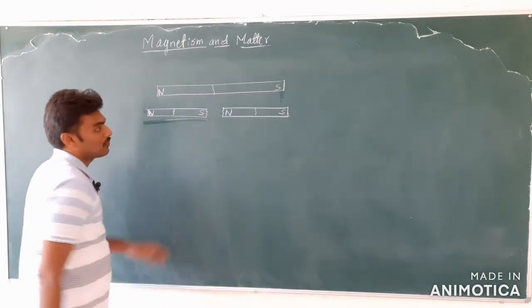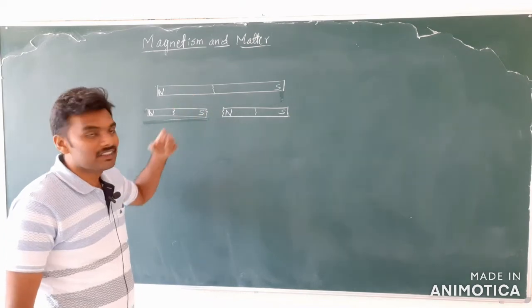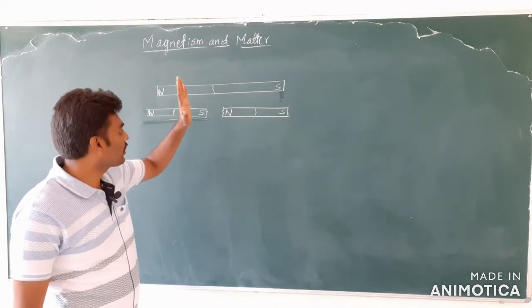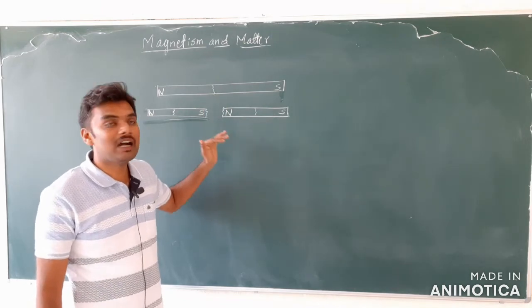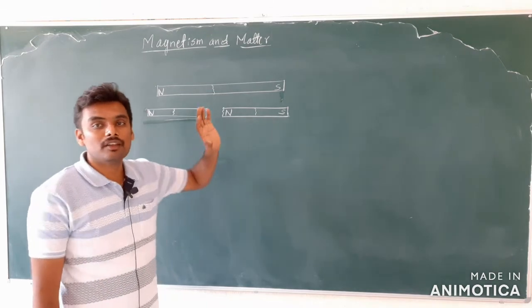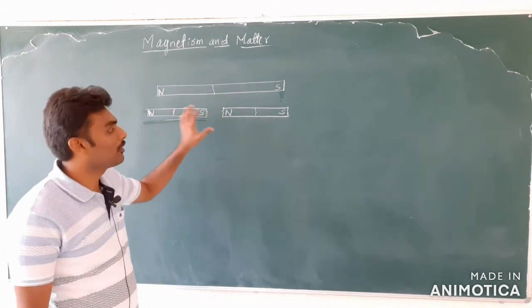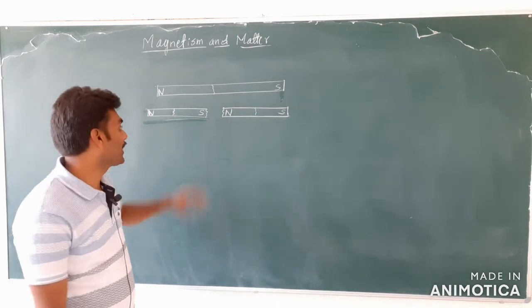But what happens to the strength of the magnet? Since we have broken exactly in the middle, strength of these two magnets will be half of the strength of the bigger magnet. Okay, keep that in mind.